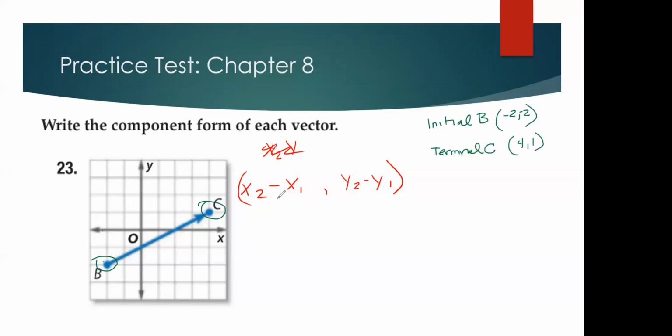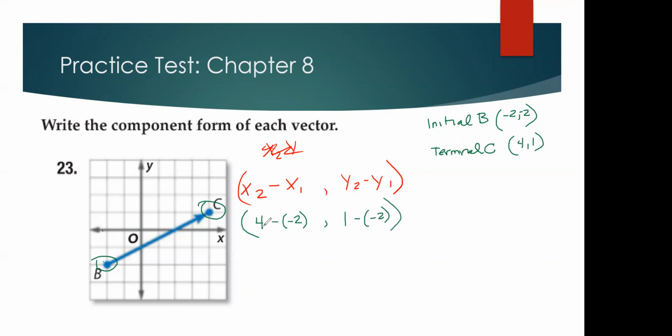So we've got the x value of our terminal point, which is 4, minus the x value of our initial point, which is -2. And then we're going to take the y value of our terminal point, which is 1, and subtract the y value of our initial point, which is -2.